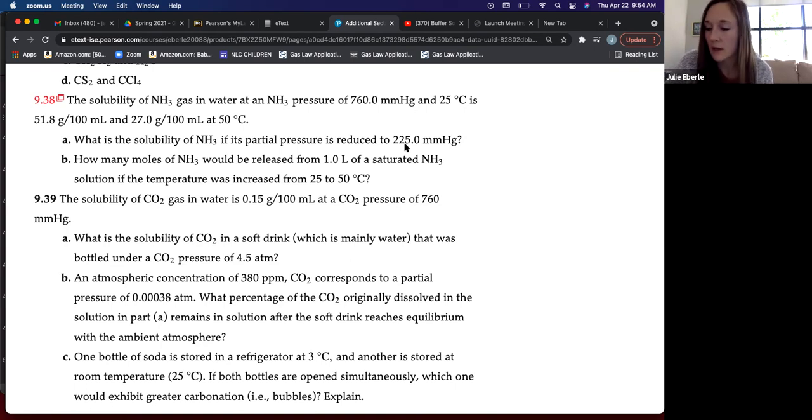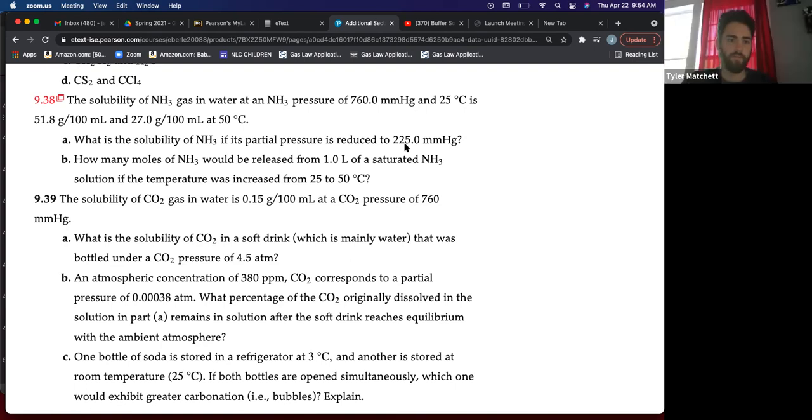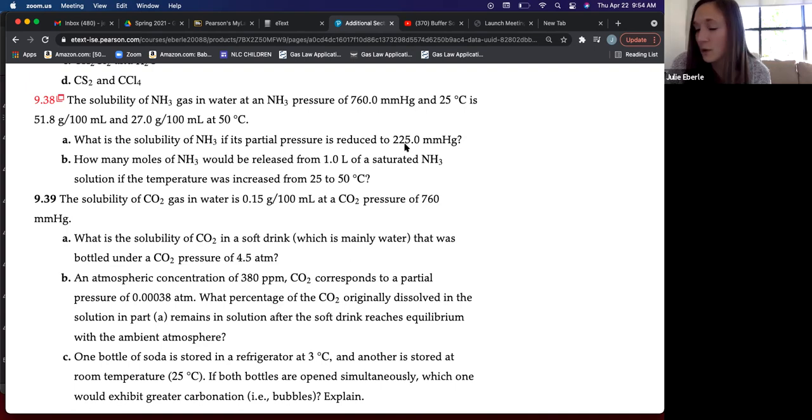Let me write a few things down. This is 9.38. I'm going to write Henry's law: C1 over P1 equals C2 over P2, and write down the information the problem gives me. P1 equals 760 mmHg. In part A, P2 is 225, and the units are the same, millimeters of mercury, so we do not have to convert.